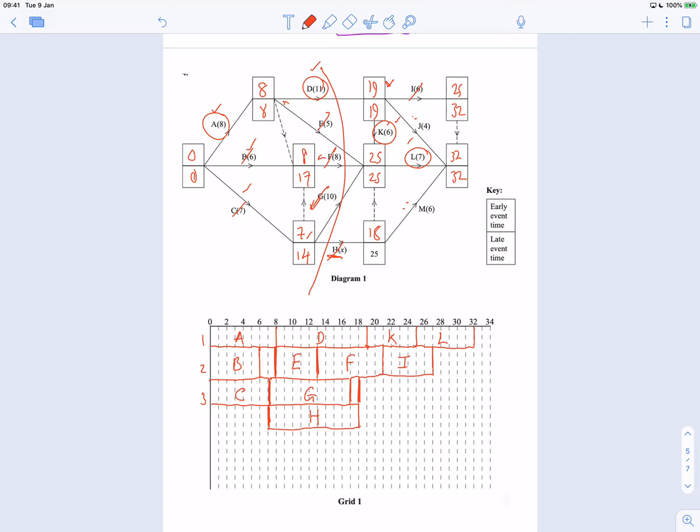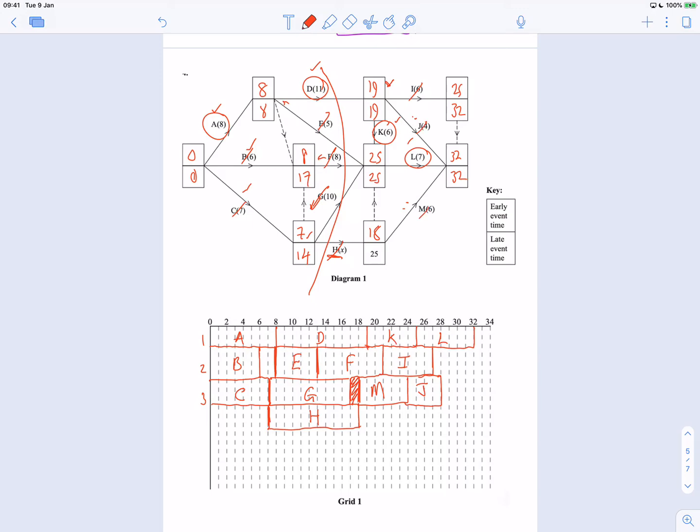Yeah, that's fine, and that'd be 6 long, so 18 plus 6 is 24, so that's where M is, so this will just have to be downtime. And then I can have J for 4 afterwards, so that's 24 to 28. That's where J is. So that's J and M done.